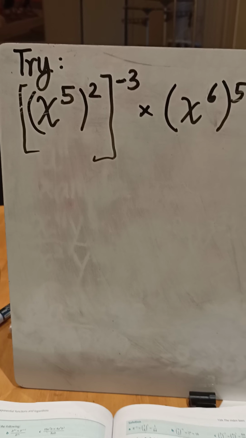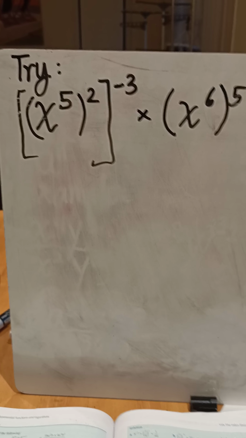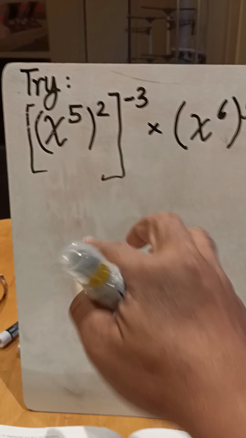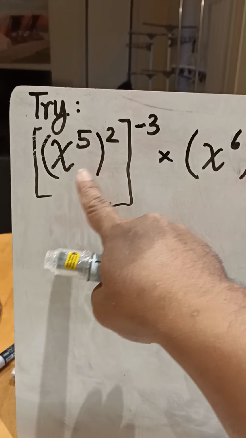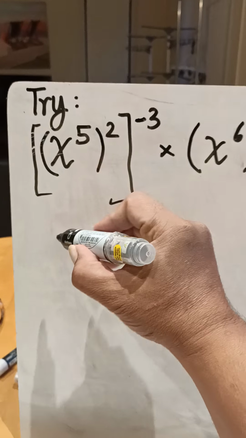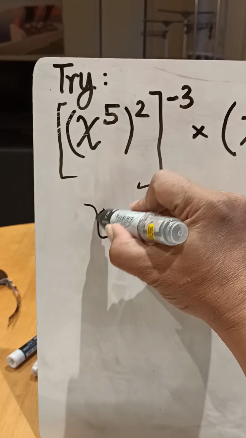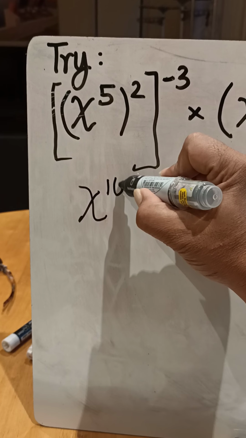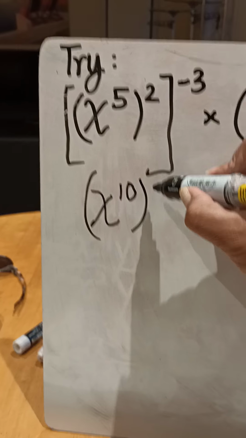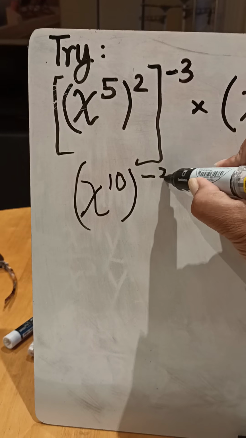Okay, let's solve this together. So as I've said, simplify what's inside the bracket first. Okay, so x to the fifth quantity squared would be a to the m times n. That would be x to the 5 times 2, which is x to the power of 10. Quantity raised to the power of negative 3.